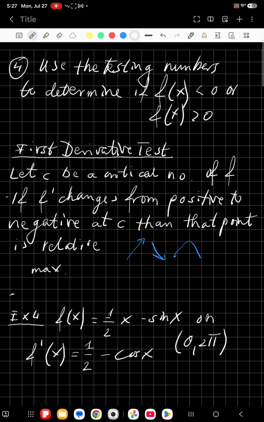Now following our guidelines, we took the first derivative. Now the second step was make the derivative equal to 0, so f prime of x is equal to 0. We need to locate those critical numbers. So what do we have? So we have half.